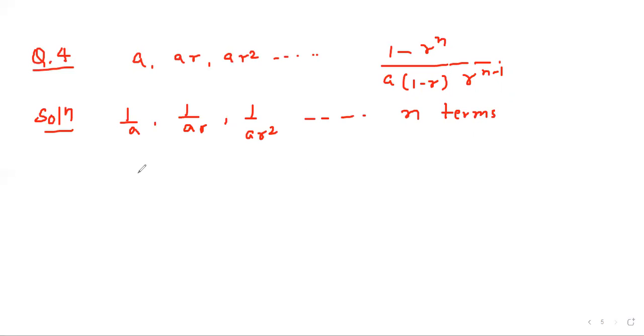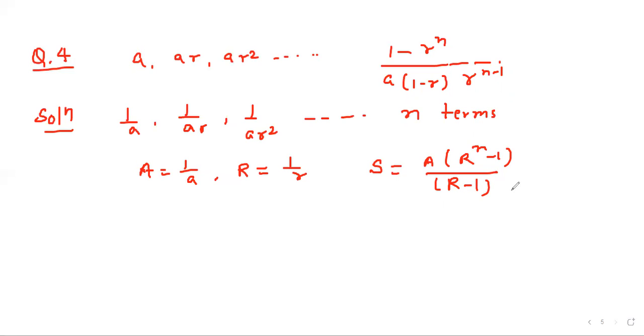Now, here, first term is 1 upon a, and the common ratio, say capital R, is here 1 upon r. So we apply the formula S equal to first term a times capital R power n minus 1 divided by R minus 1. So when we put values, we get 1 upon a, then 1 upon r power n minus 1 divided by 1 upon r minus 1.